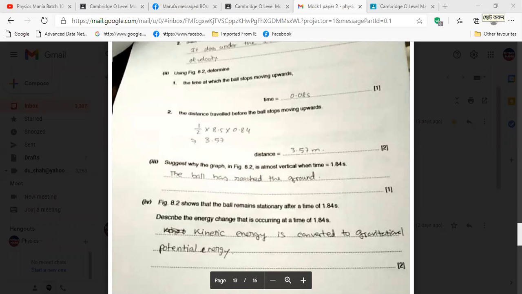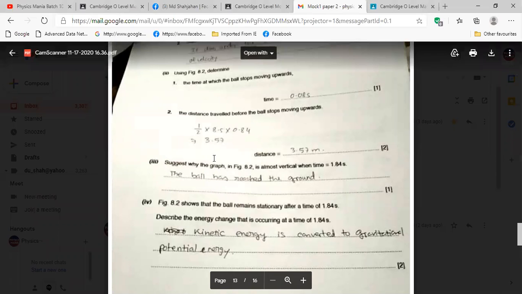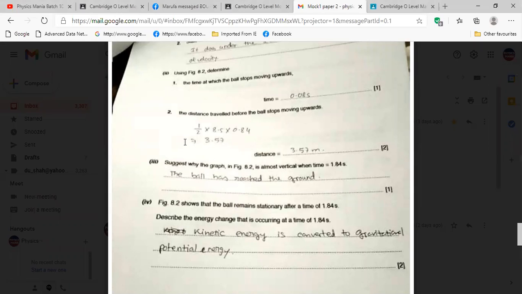They are asking you about the distance traveled before the ball stops moving upwards.